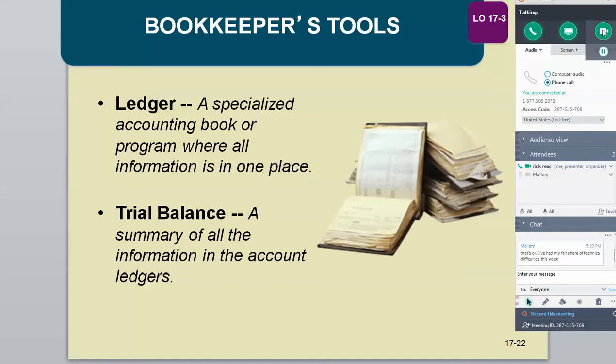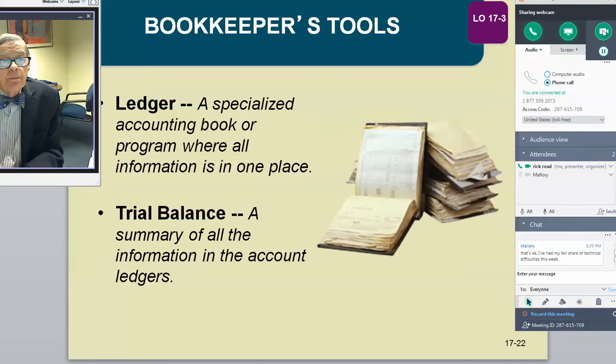The bookkeeper uses a thing called a ledger. Don't be confused about this. This is just something specialized that's set up for accounting, where all the information is in one place. Remember, it's going to be double entry. Then what they do is send a trial balance.